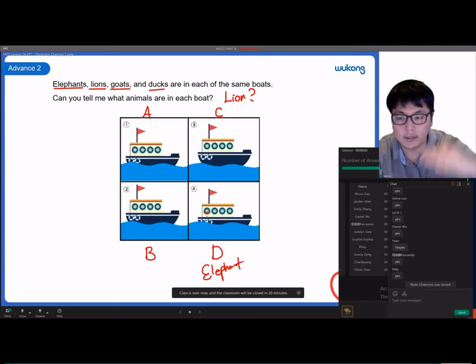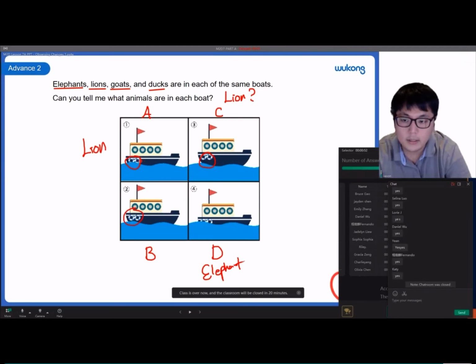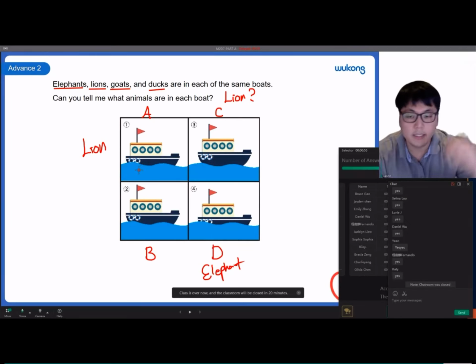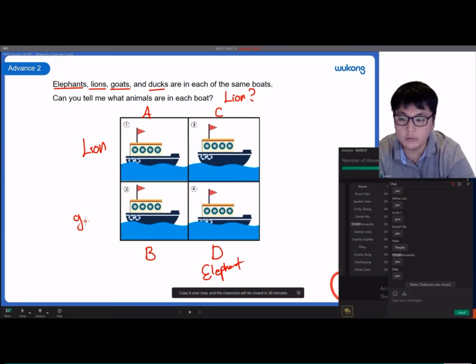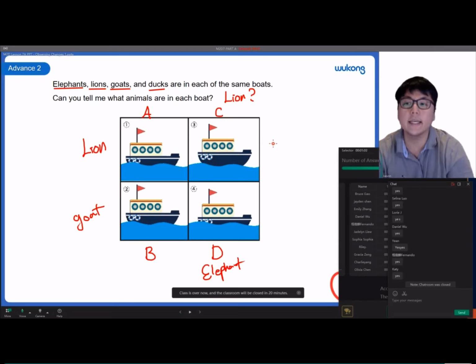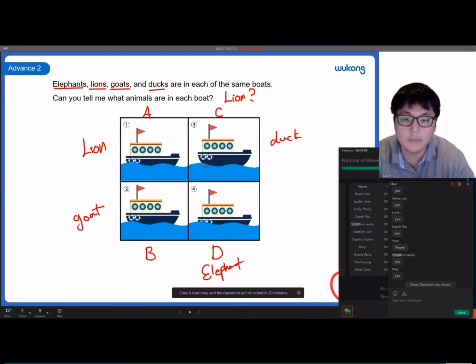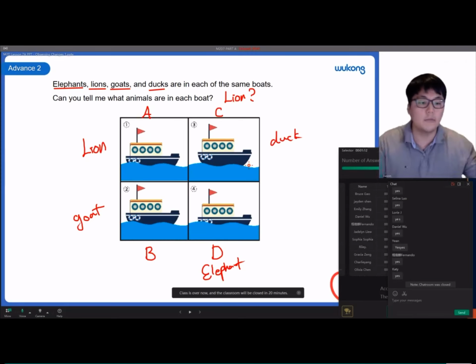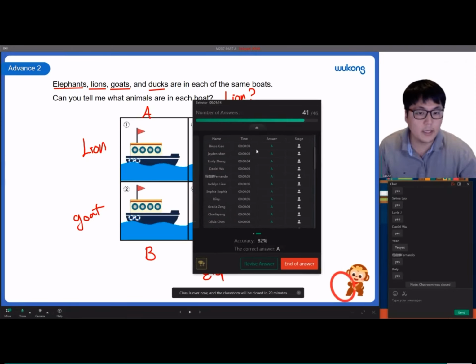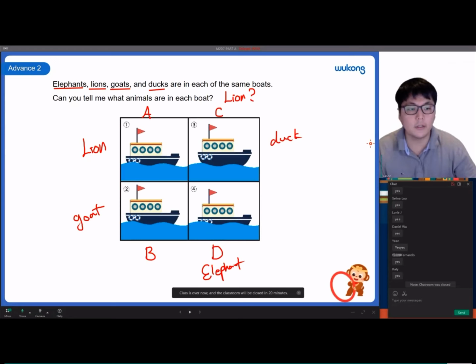And the second boat, which is almost sinking, just like the elephant boat, which is D, I think it's a lion, because if you compare all the rest, boat A is the second deepest. And then goat will be at boat B because it's the third deepest, and C is for the ducks because I think ducks are a lot lighter. It's the lightest animal out of all 4. So you can see the boat is almost just floating around. It's not even that deep inside. Okay, so yes, the answer is A for the lion.